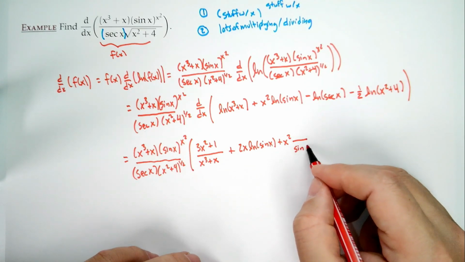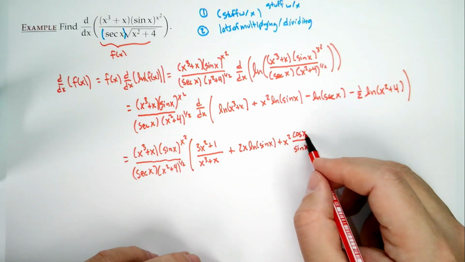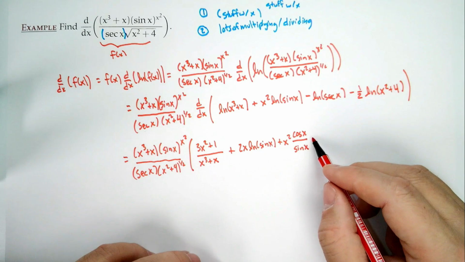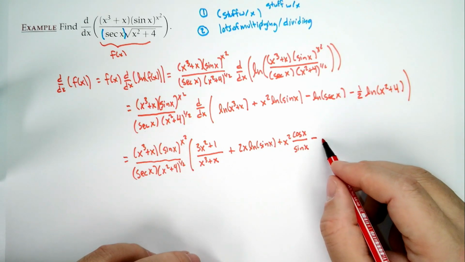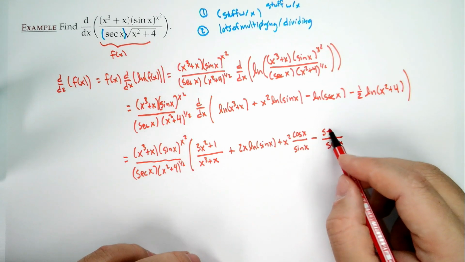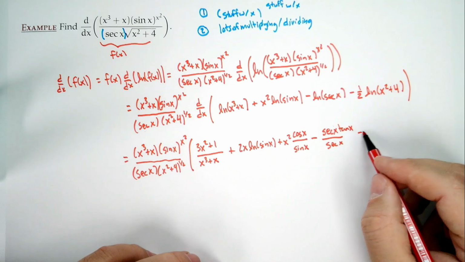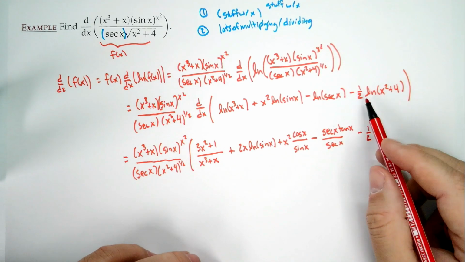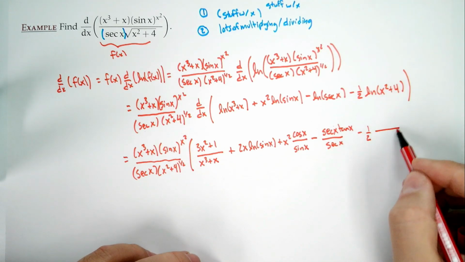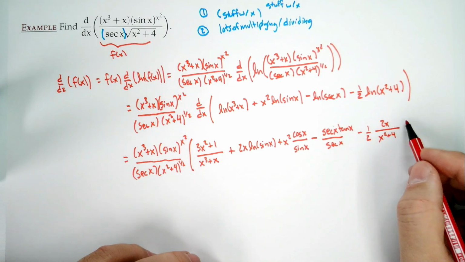Sine goes downstairs, and the derivative of sine goes upstairs, so that would be cosine of x. Minus log of secant. Secant goes downstairs, and the derivative of secant goes upstairs: secant x tangent x. Minus a half, that's the constant, x squared plus 4 goes downstairs, and 2x goes upstairs.